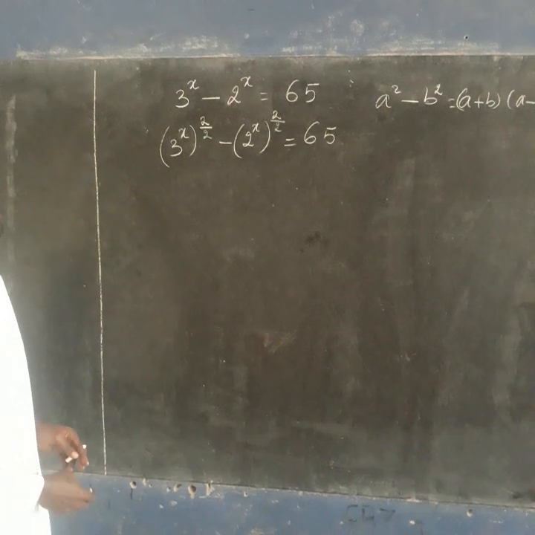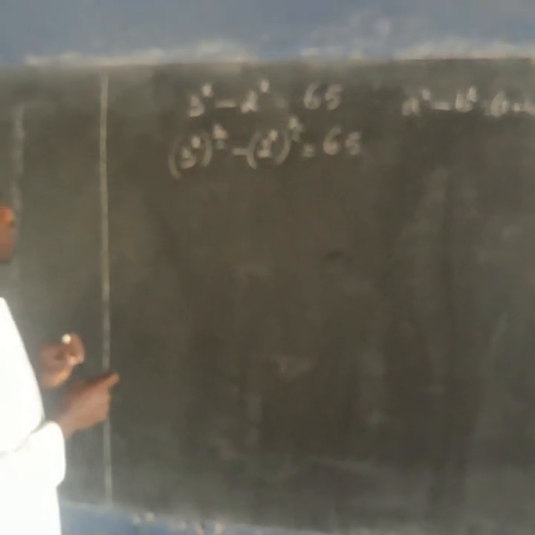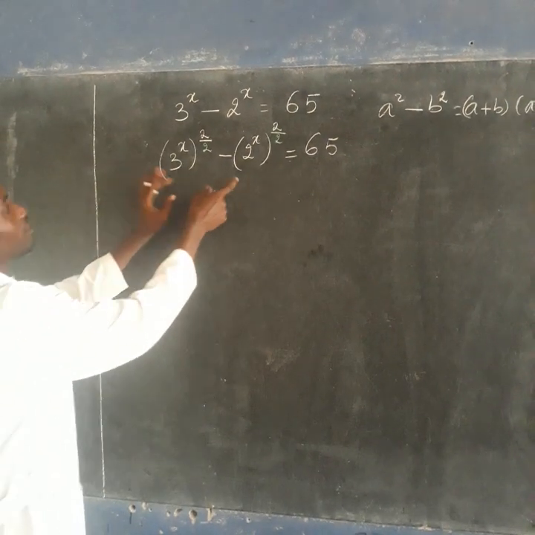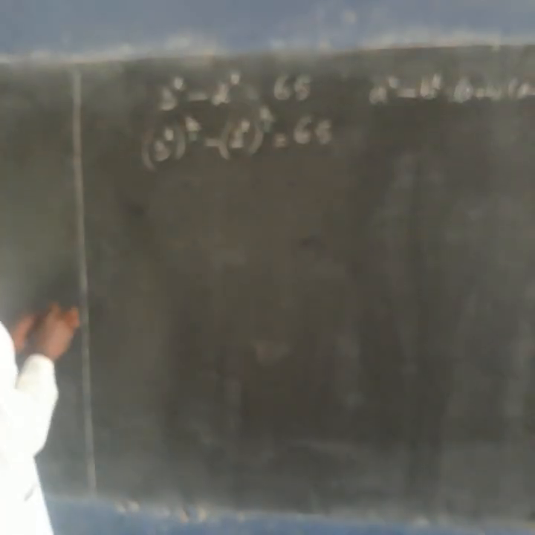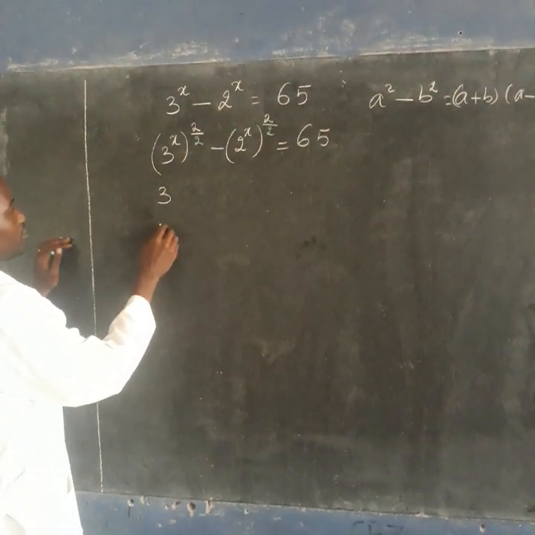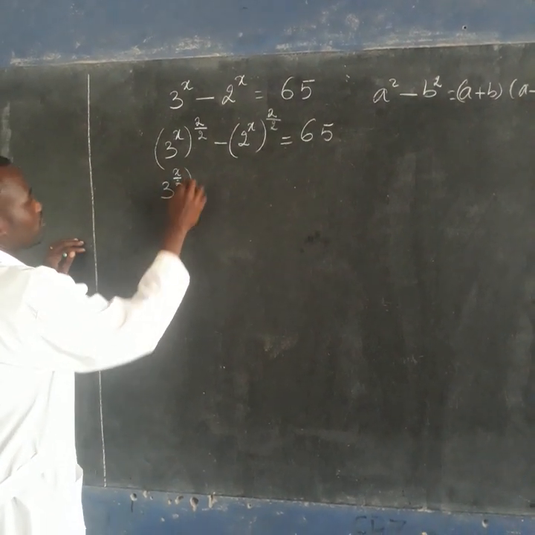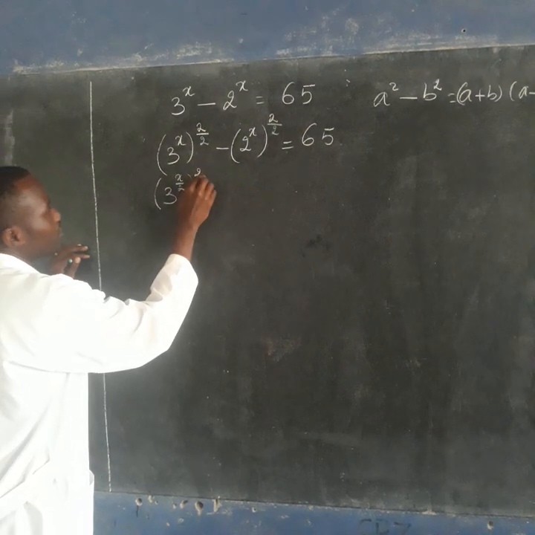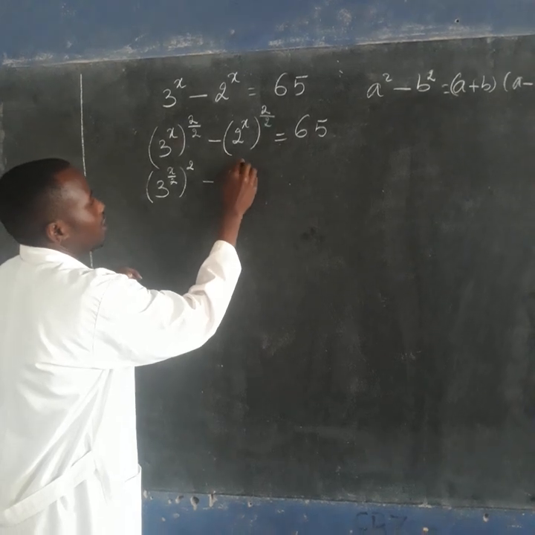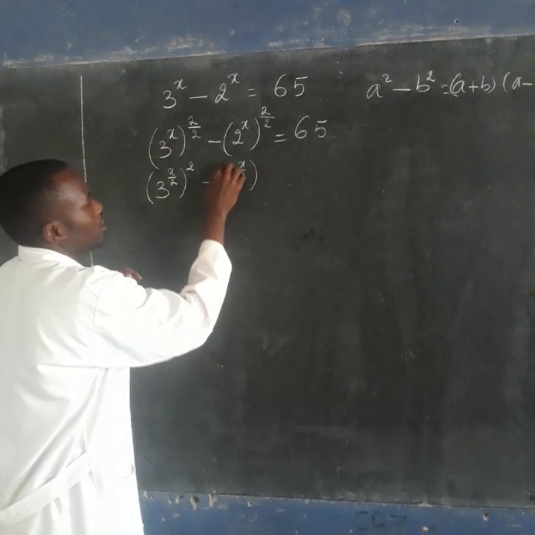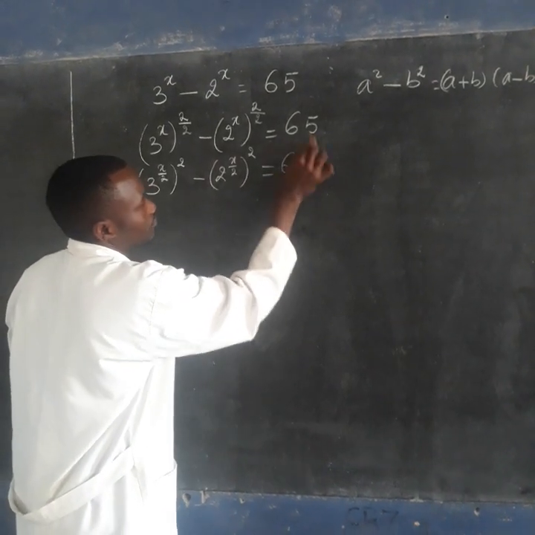Very good. Now we are going to do some arrangement so that we have a difference of two squares. We write here 3 power x over 2, this 2 will come here, minus 2 power x over 2, again this 2 will come here, equal to 65.